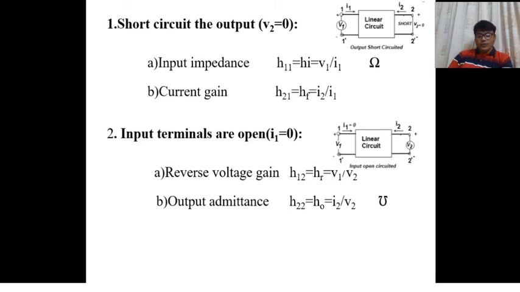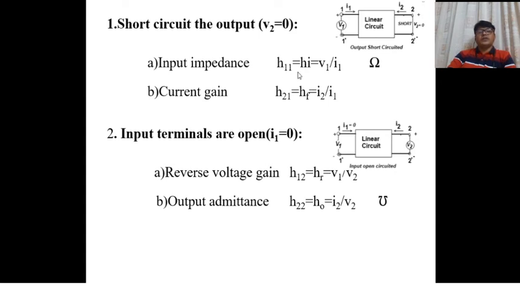In order to determine these four parameters, in the first case, short circuit the output voltage. You see here I have shorted V2, means V2 is equal to 0. Now you substitute V2 in equations 1 and 2, and the equations reduce to H11 is equal to, I will take Hi, is equal to V1 by I1. So Hi is called input impedance.